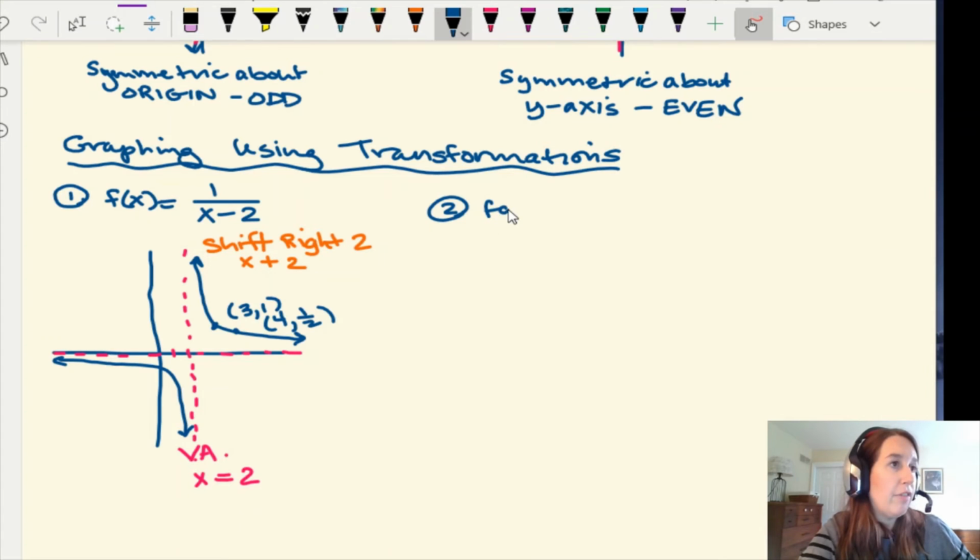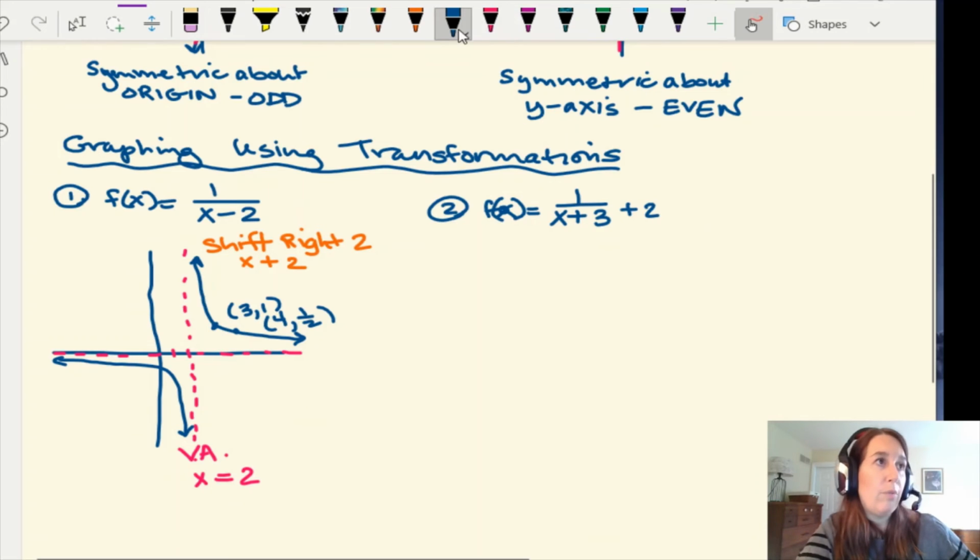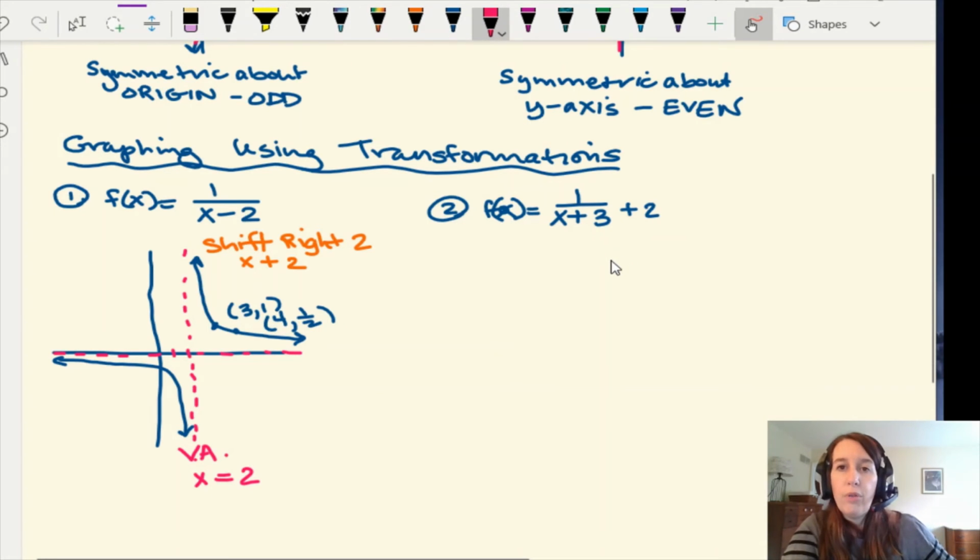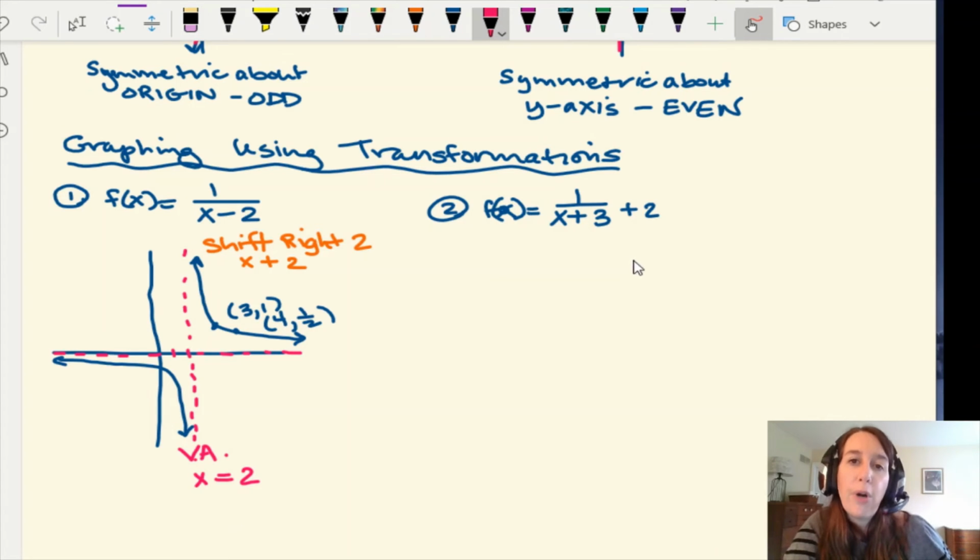Let's look at f of x is equal to 1 over x plus 3 plus 2. So we have two transformations here. Notice that they are both shifts. We're not going to do a lot of more complicated transformations on these. So first, notice that in the x's, we have a shift.